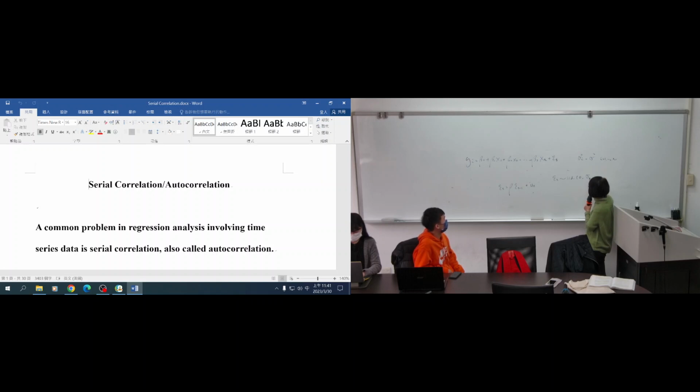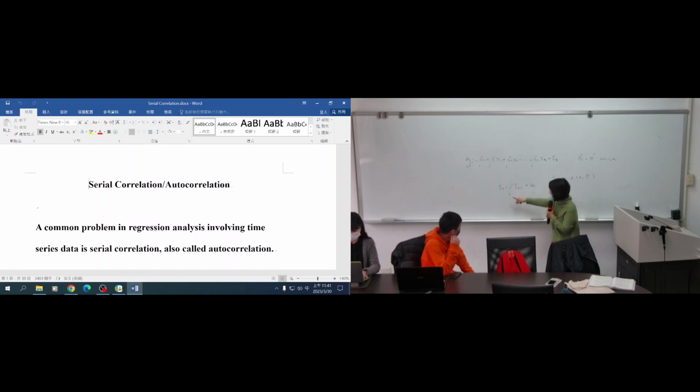Then there's no serial correlation. But if we have serial correlation, it means that epsilon t is related to the previous period, t minus 1.